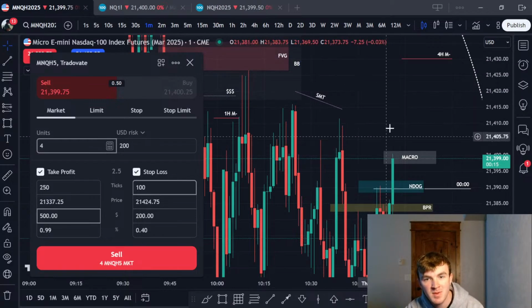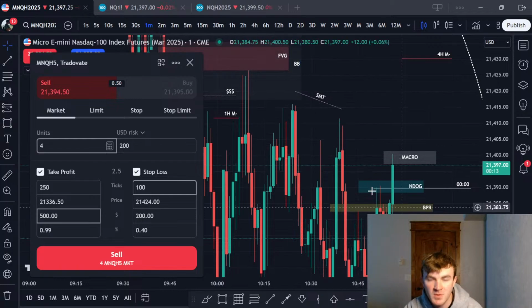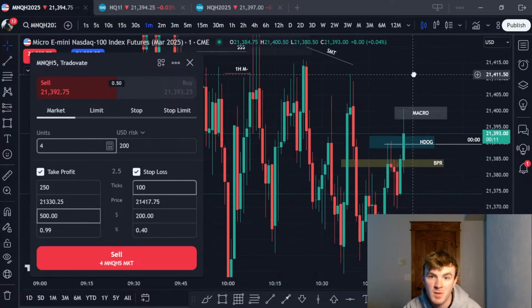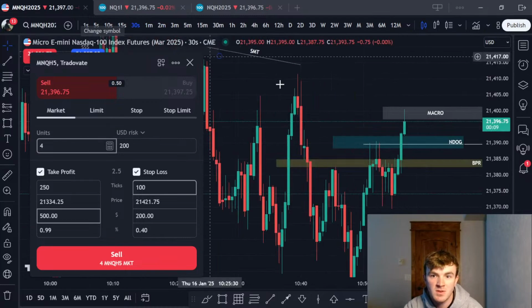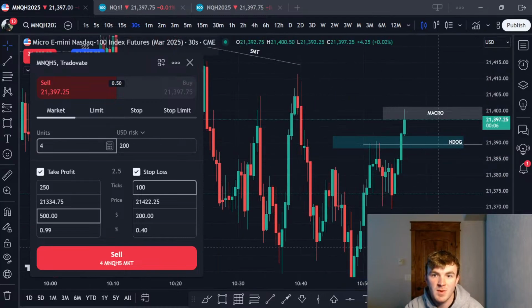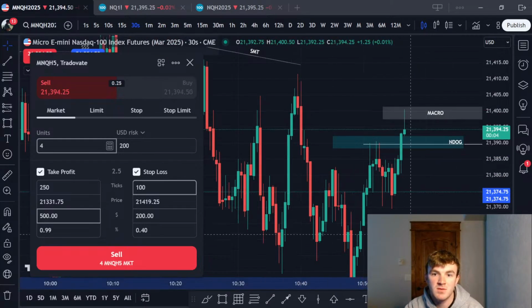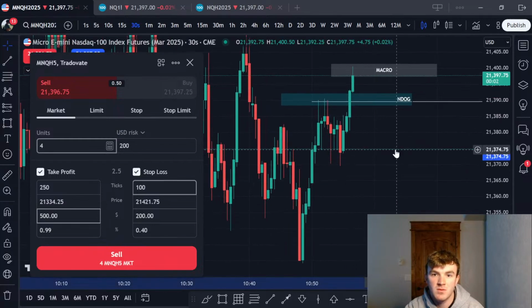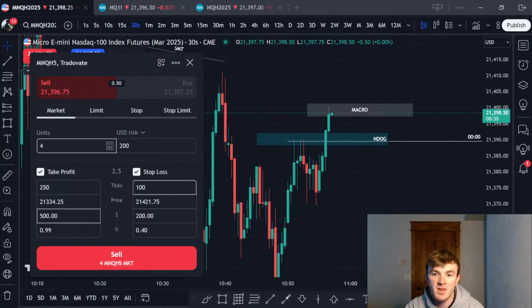I really thought that maybe that could sponsor the move lower, but I guess not. Or maybe it will. Yeah, maybe it will actually. Yeah, if we get a 30-second inversion.